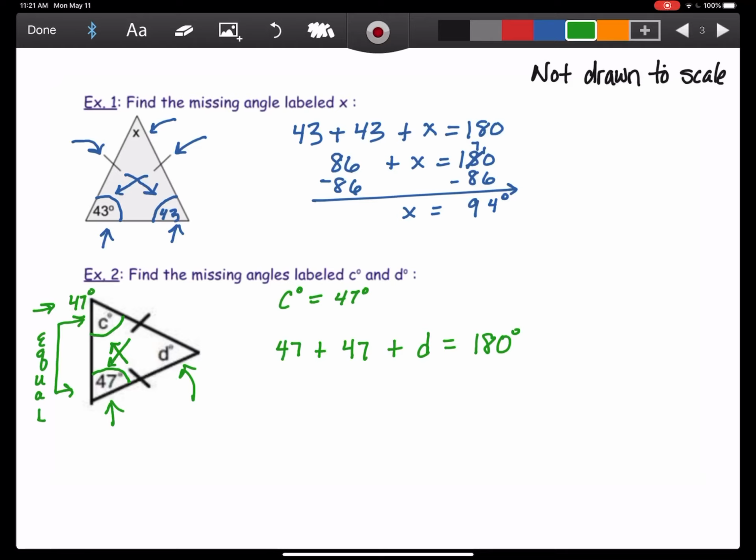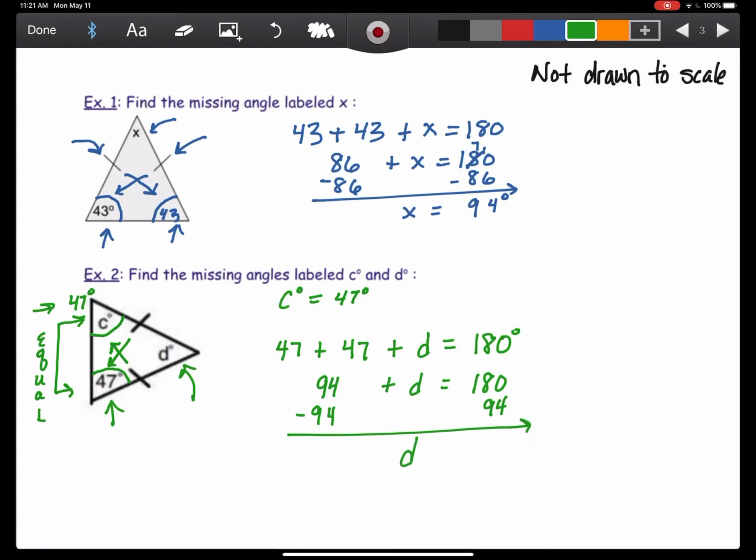So now we're ready to solve. 47 plus 47 is 94, plus D equals 180. Then we're going to subtract 94 from both sides.